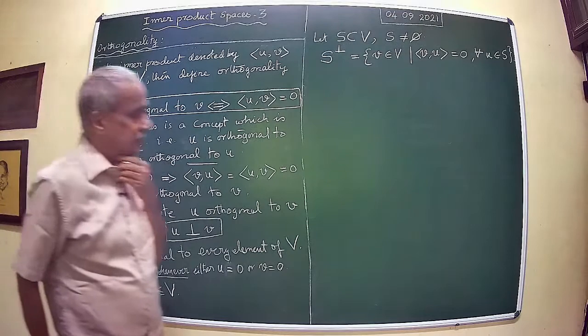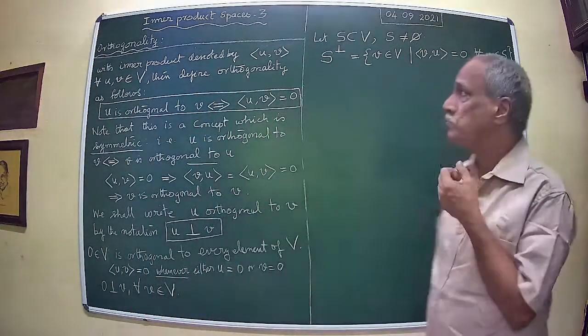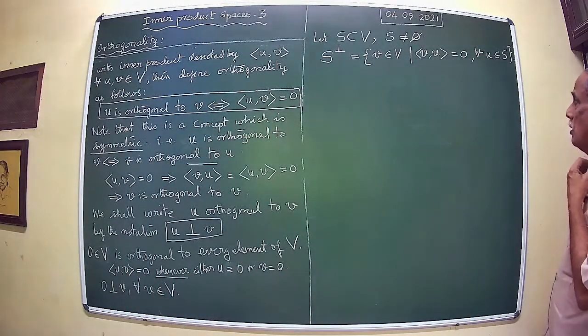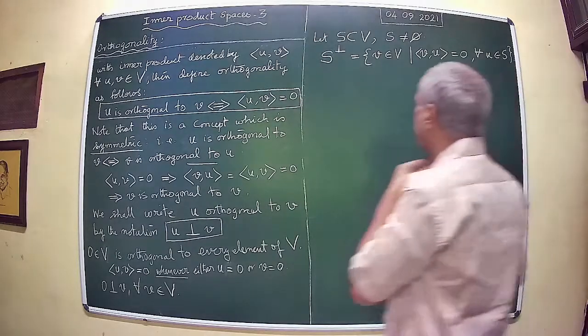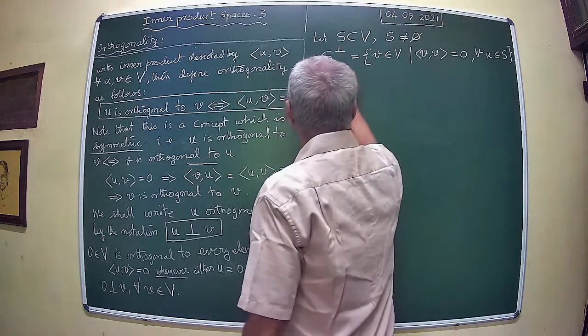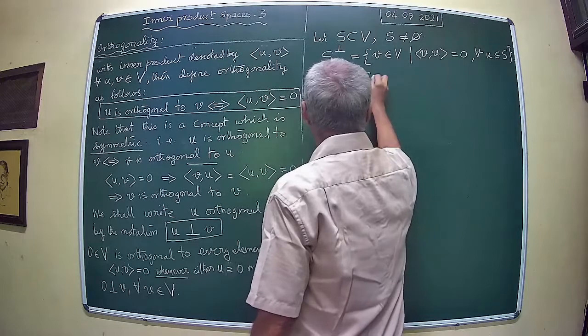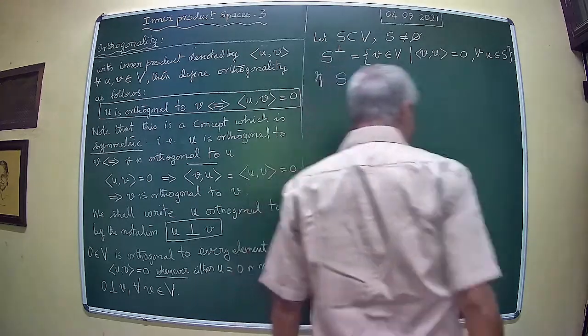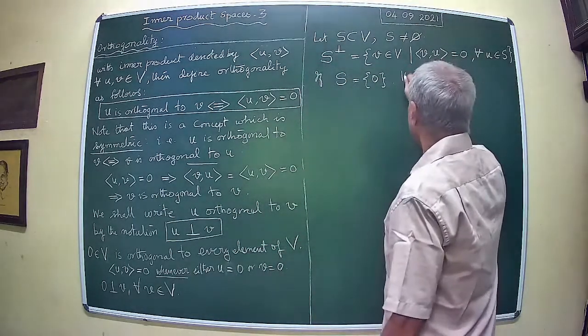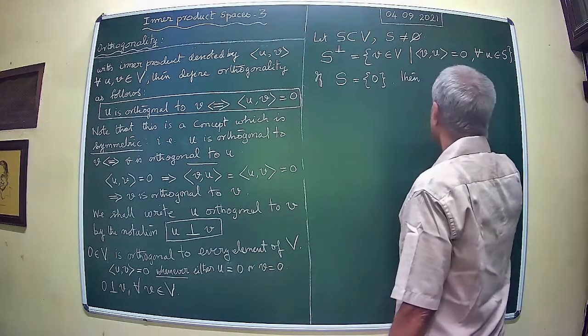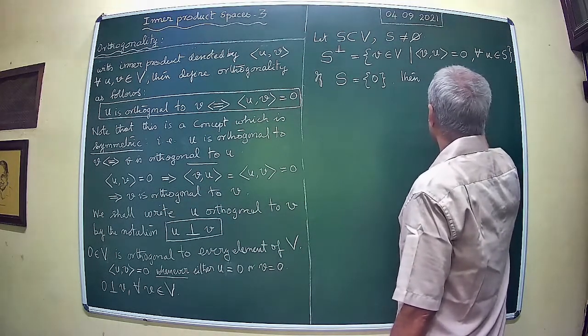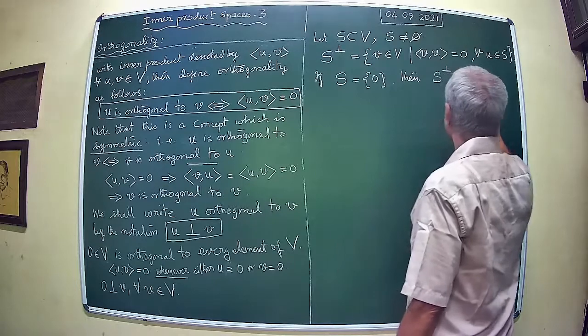Make some observations. If S consists of only the 0 vector, then S perp is V.